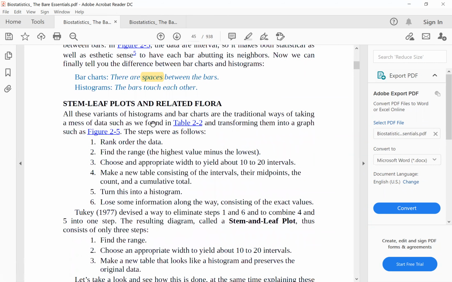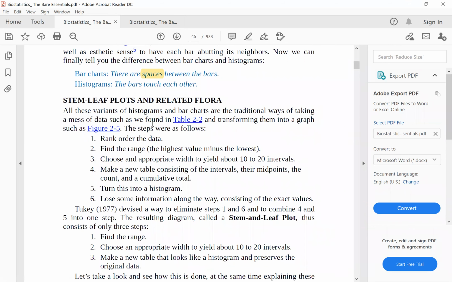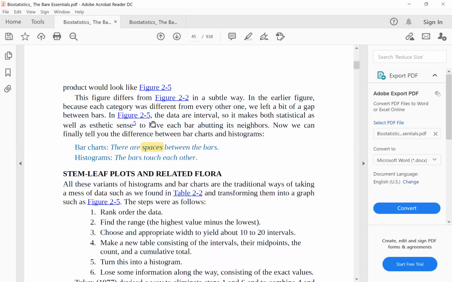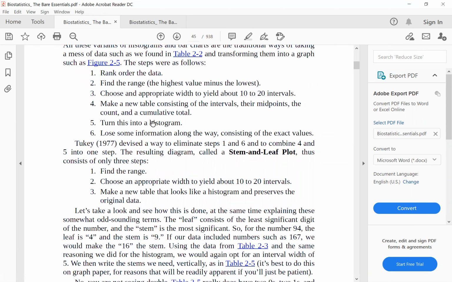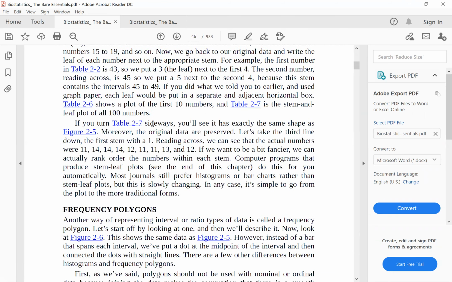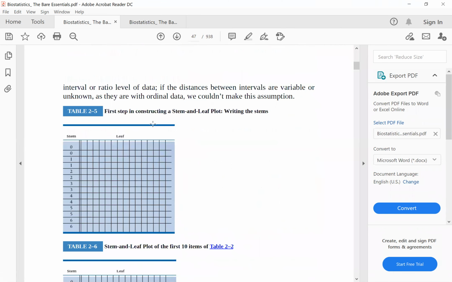And there is a stem leaf plots of related flora. Frequency polygons.